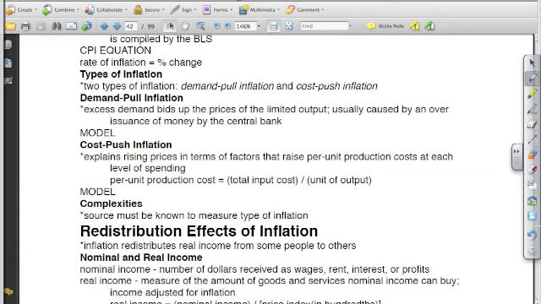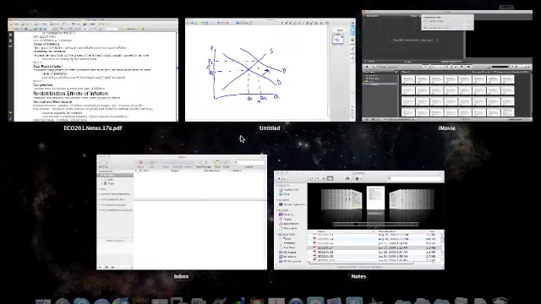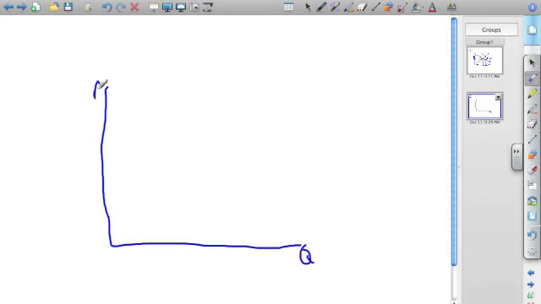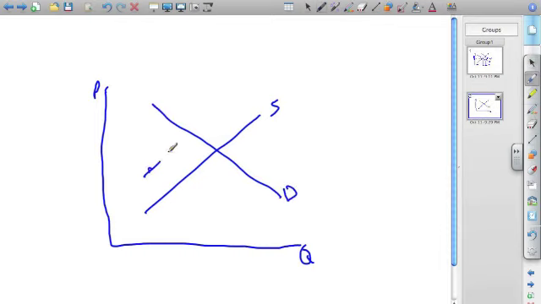Whereas cost push inflation explains rising prices in terms of factors that raise per unit production costs at each level of spending. So if you guys remember, if costs increase, that means supply will decrease. If we have a decrease in supply, what does that do to prices?